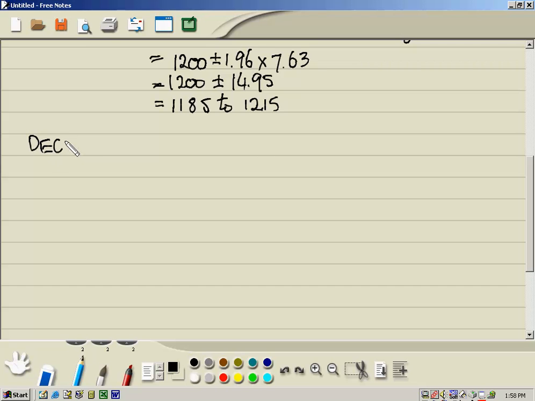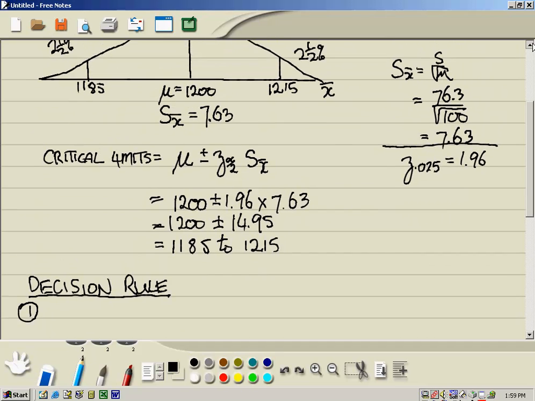Now we'll write down a decision rule. Alright, first part for the acceptance region.